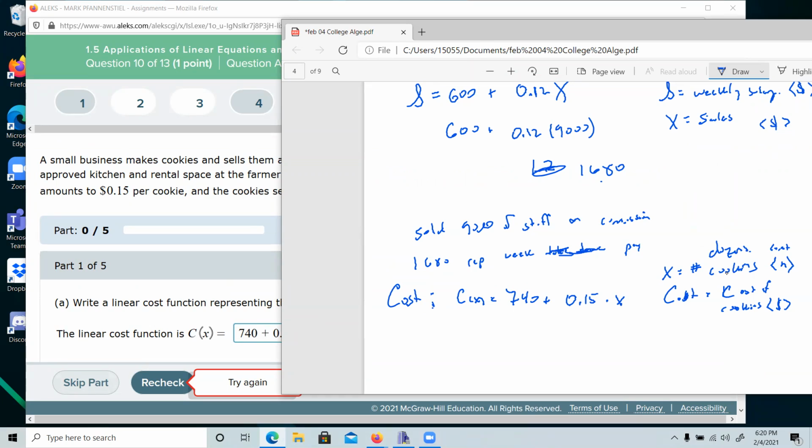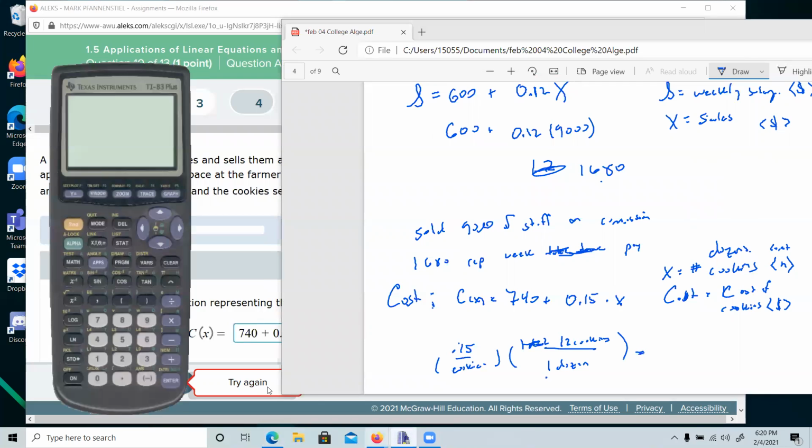So this 0.15 is 0.15 per cookie. So what we need to do is say 12 cookies for a dozen, and then we're going to get the cost per dozen. Okay, so 0.15 times 12 is $1.8 per dozen.